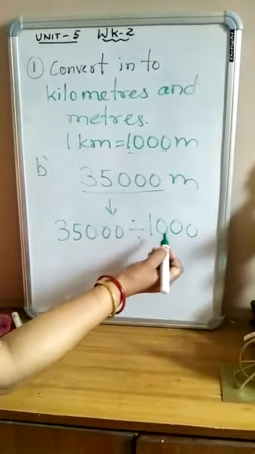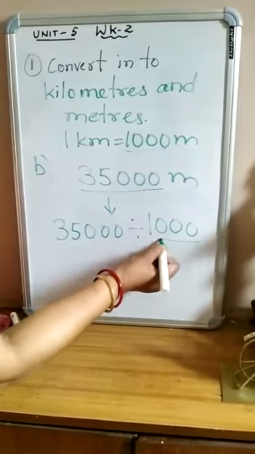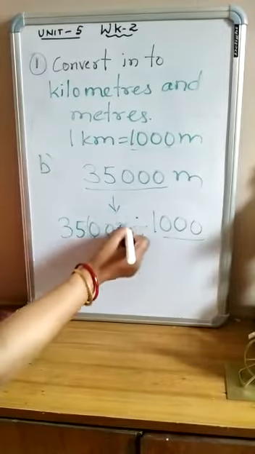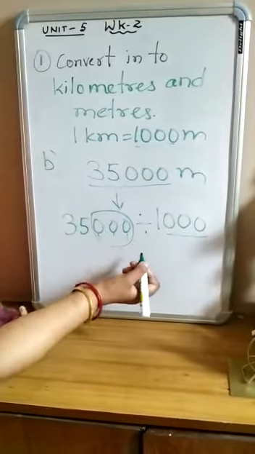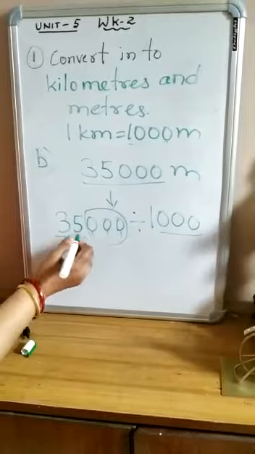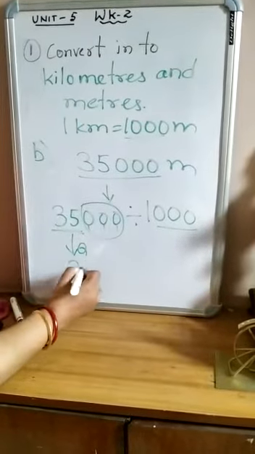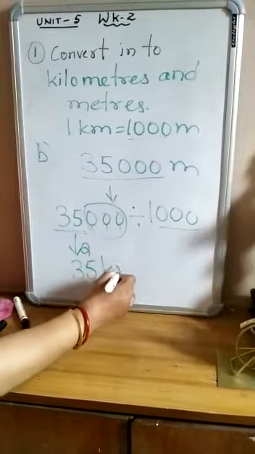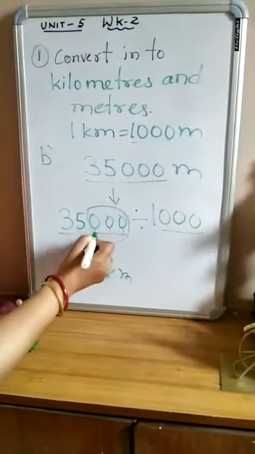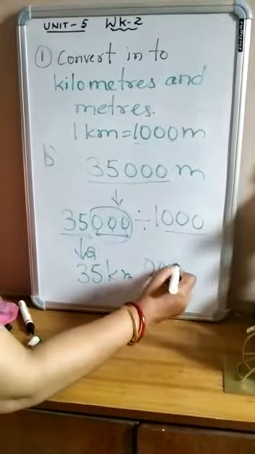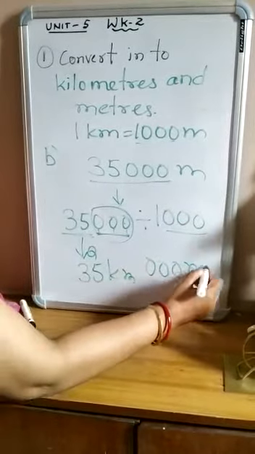So when we are dividing with 1000, 1000 is having 3 zeros. So I will remove 1, 2, 3. These 3 zeros away. I will take away 3 zeros. Now this 2 digit 35, it is the quotient. So this 35 will become kilometer, and this removed digit 0, 0, 0 will remain as the smaller unit, that is meter.